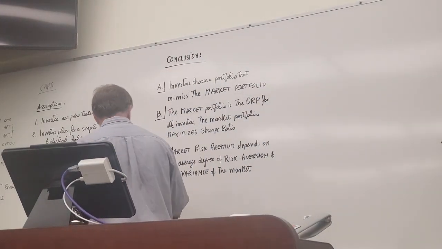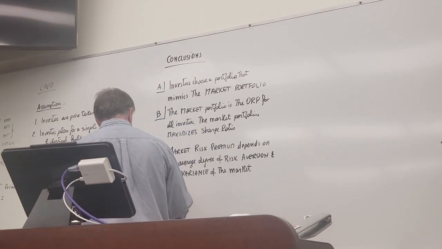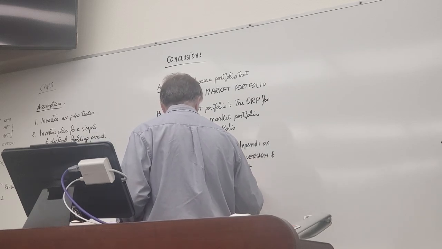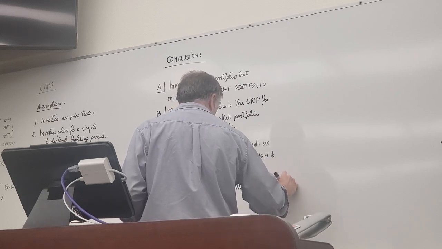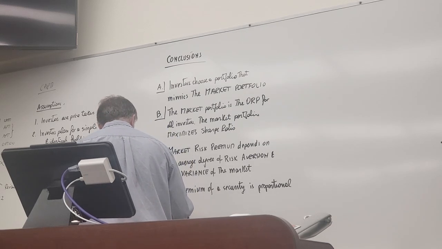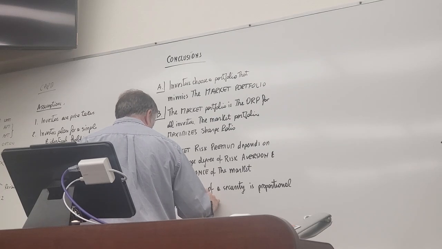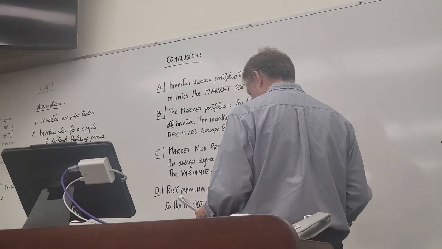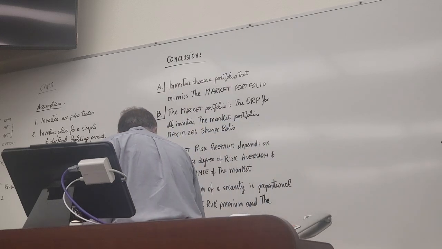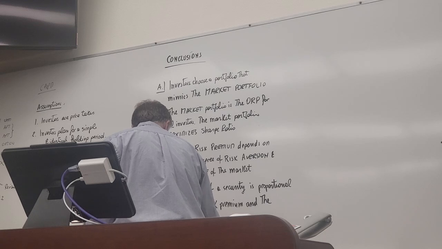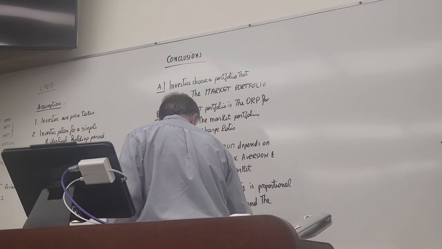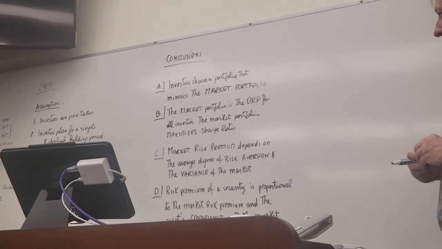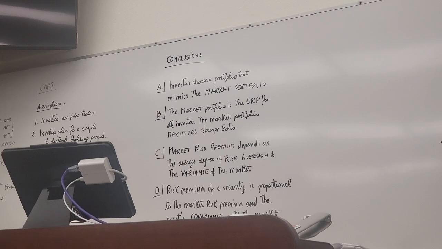And then last, D. The risk premium of a security is proportional to the market risk premium and the asset's covariance with the market.